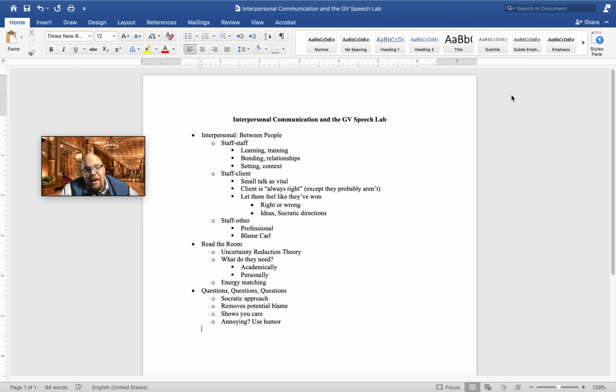But the idea overall with us in interpersonal communication is it's what we do. Public speaking is a type of interpersonal communication, but here we're not focused on that. We're focused on these one-on-one, often maybe small group interactions where, when it's all staff, we are learning or we're bonding. When it's clients, we're comforting or we're teaching, leading in some ways.